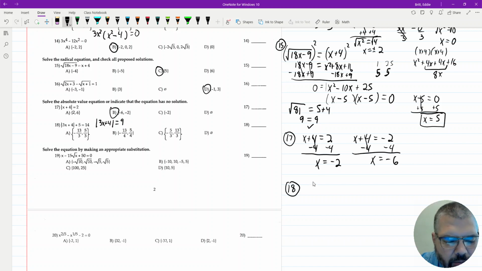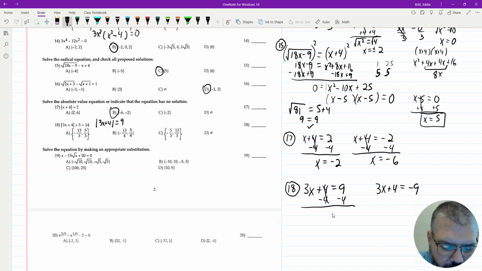So now I can write down my two equations. I write down 3x plus 4 equals 9. And 3x plus 4 equals negative 9. So solve these two. Subtract 4 from both sides. 3x equals 5. Divide by 3.